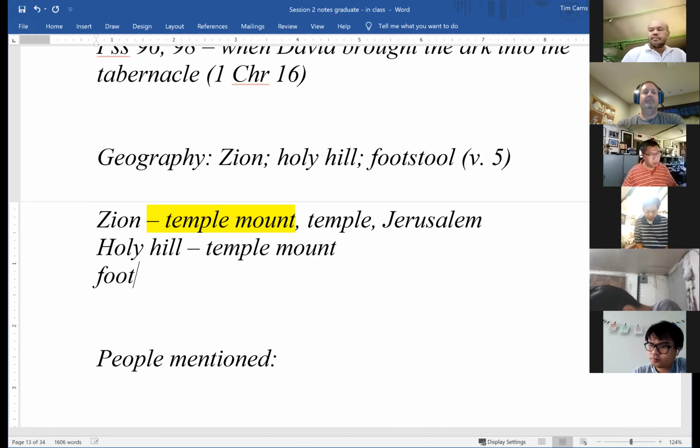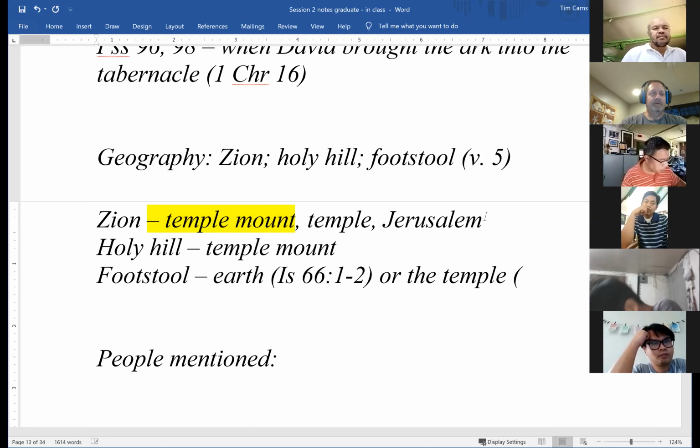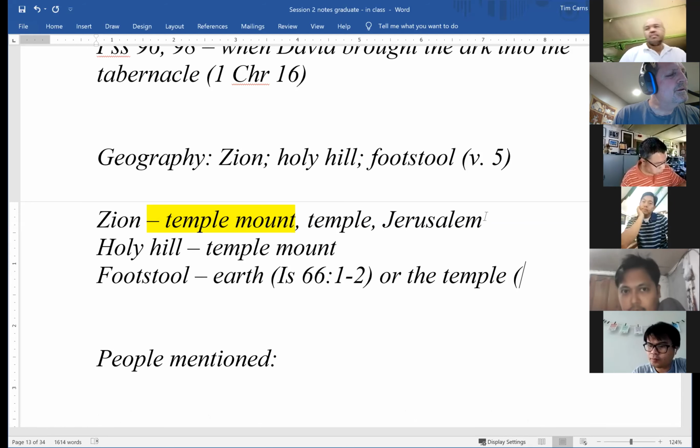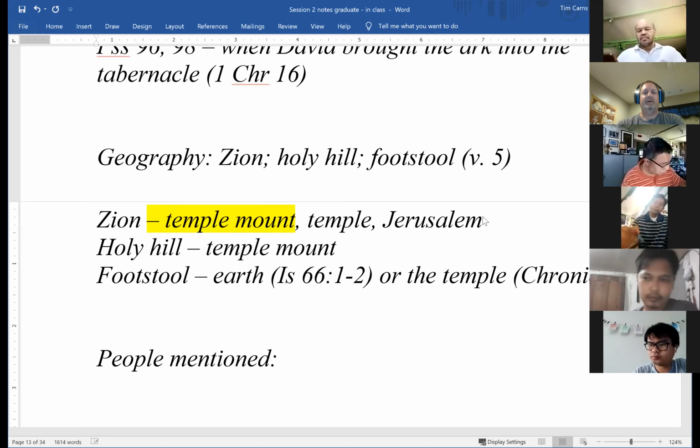And as I mentioned, footstool often can refer to the earth. I think it's Isaiah 66, or the temple. And let me see if I wrote it down. It doesn't look like I wrote it down here. I know it's in Chronicles. I can't remember the specific passage. I'll have to look it up.